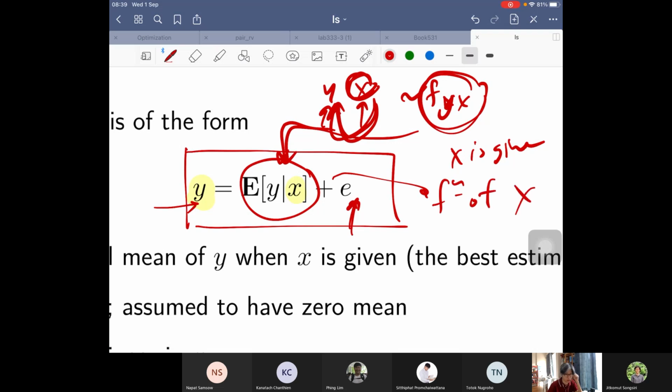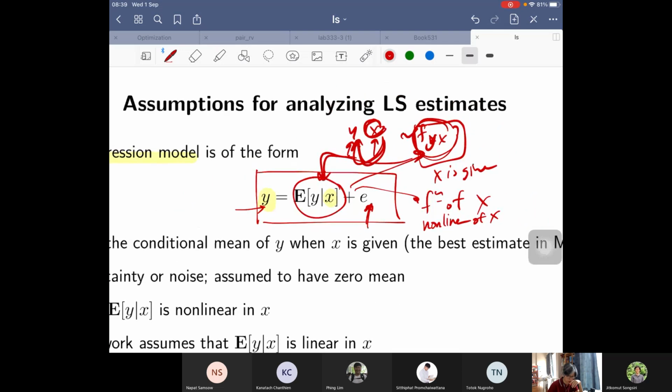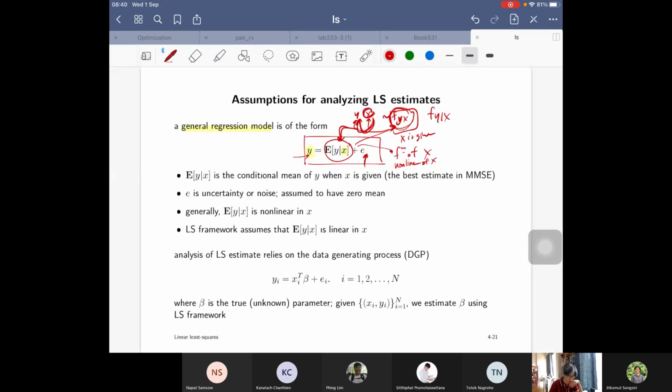It is a function of the given random variable, and is also generally a nonlinear function of x. How can we get this? Let me recall that to get a conditional mean, you need to know the joint distribution of y and x. You need to know the conditional density function of y given x. So when you derive it, it's generally nonlinear.